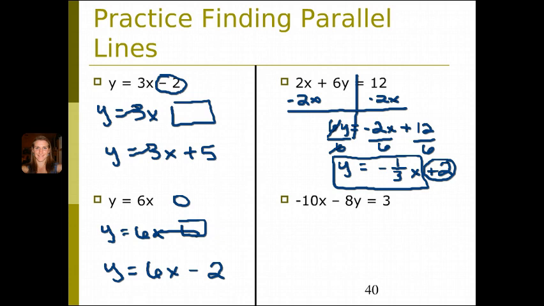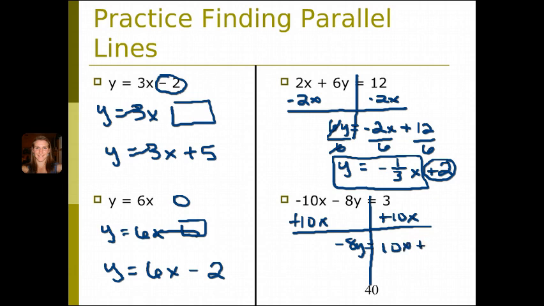Again, with our last example, we need to solve for y. You would add 10x to both sides. You're left with -8y equals 10x plus 3.